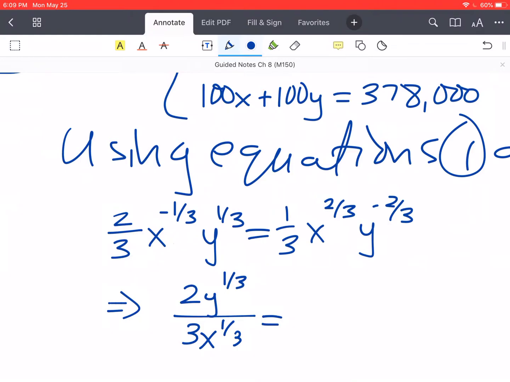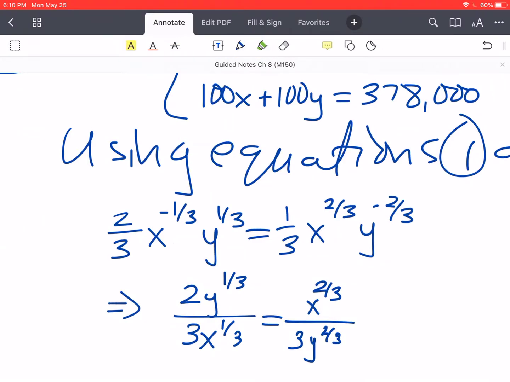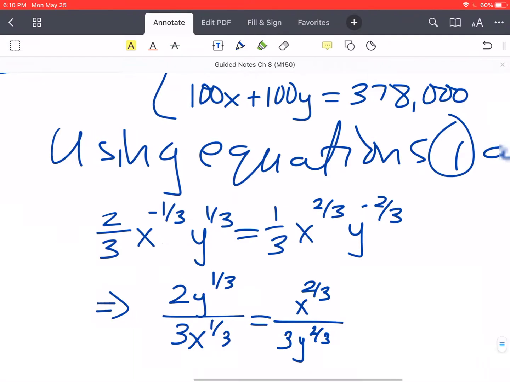And then that equals x to the 2/3 over 3y to the 2/3. We can then cross multiply.